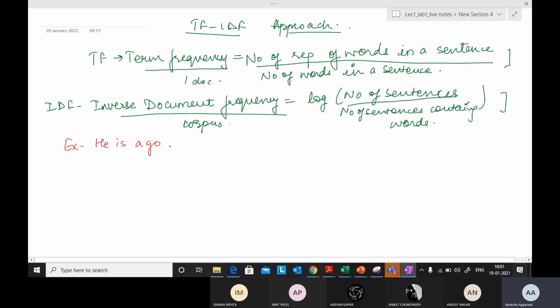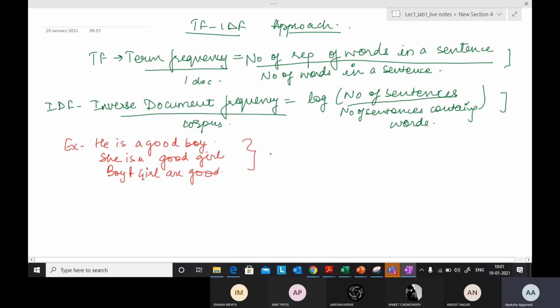He is a good boy. First sentence. Second sentence is she is a good girl. And third sentence is boy and girl are good.